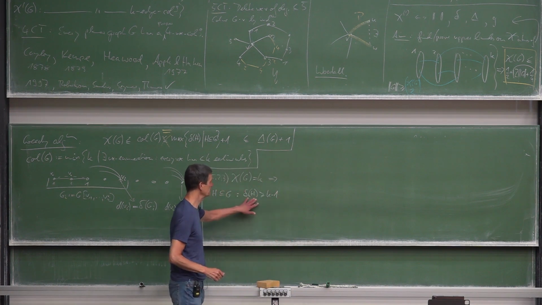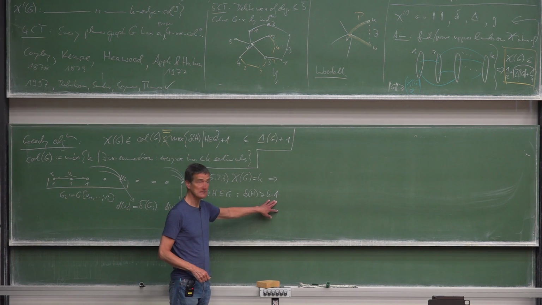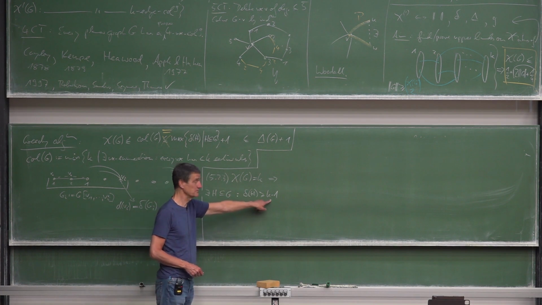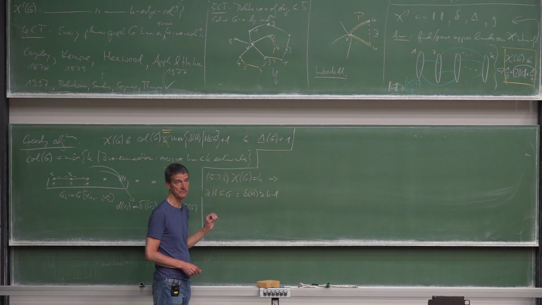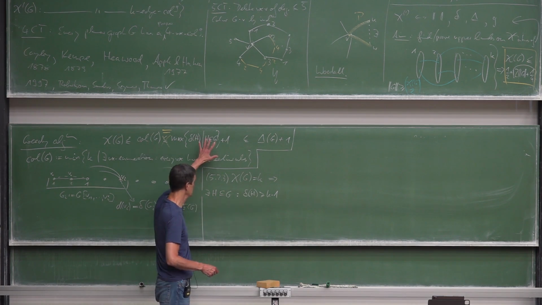If all subgraphs had min degree at most k minus 2 or even less, then we could add 1 to all these min degrees and get a coloring with at most k minus 1 colors for G. So that's a corollary just of this.